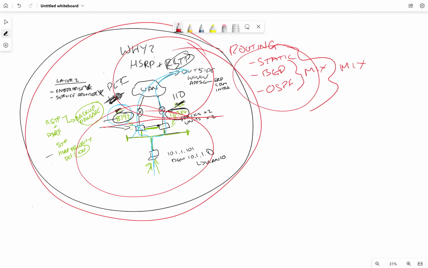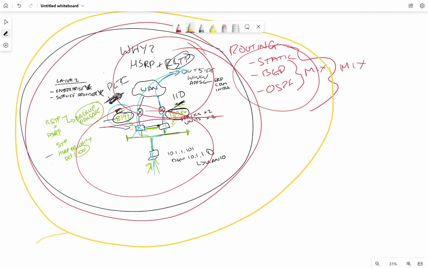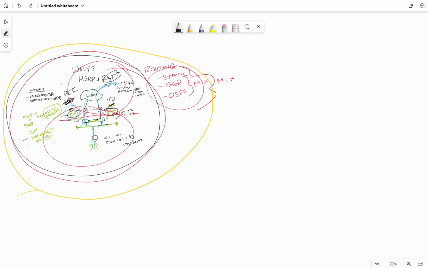They're only scratching the surface of what you actually need to do when you're thinking about the holistic network design, which is the whole thing highlighted here in orange. Okay, so that's scenario number 1, and we'll call that STP plus HSRP in the enterprise.